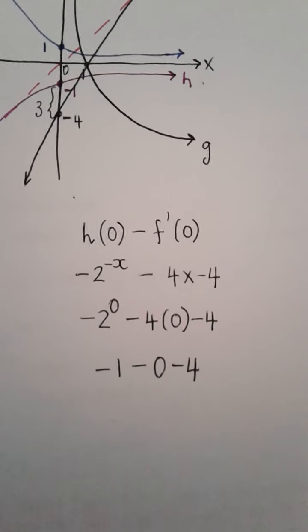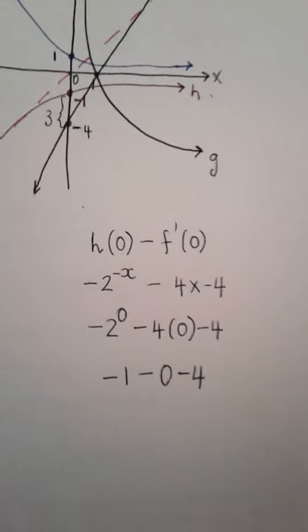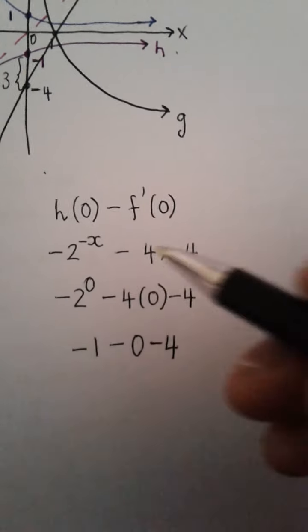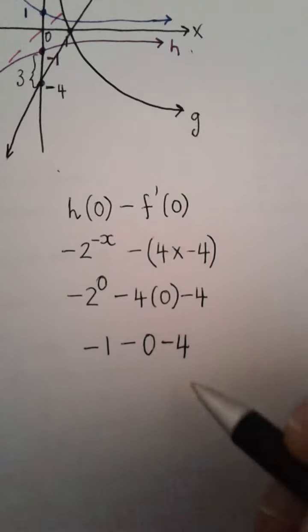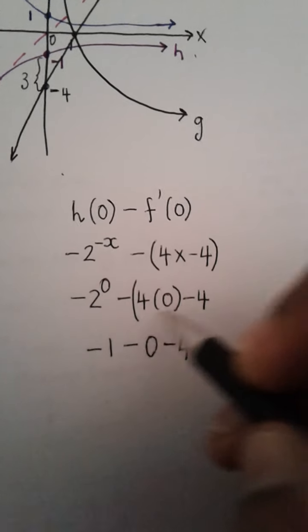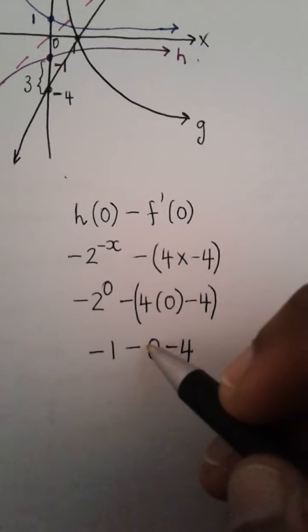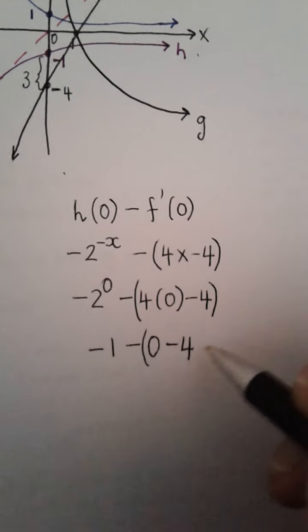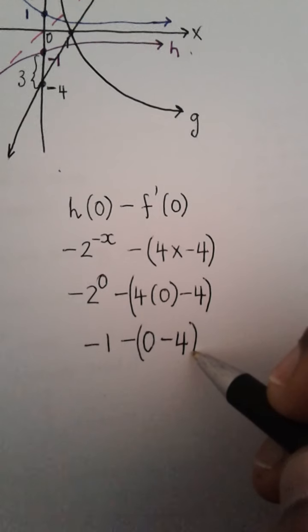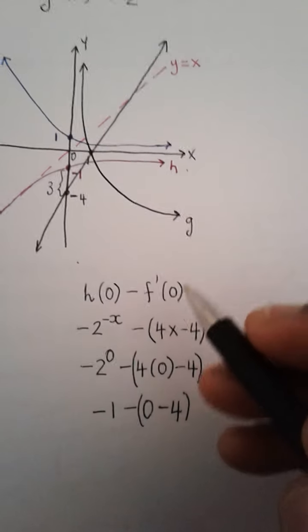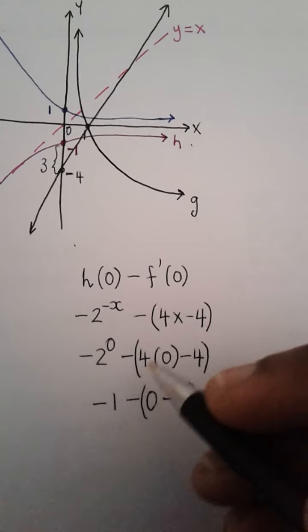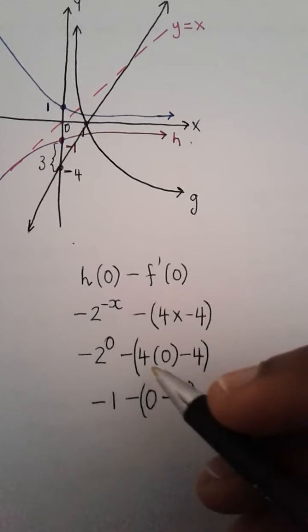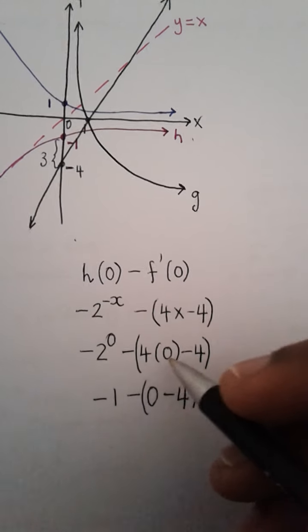Do you see my mistake? I'm telling you to be careful about brackets, but I'm not being careful about brackets. We need to put this in brackets. The equation for f prime of x was 4x minus 4. Substitute 0 for x, we get 4 times 0, which is 0.